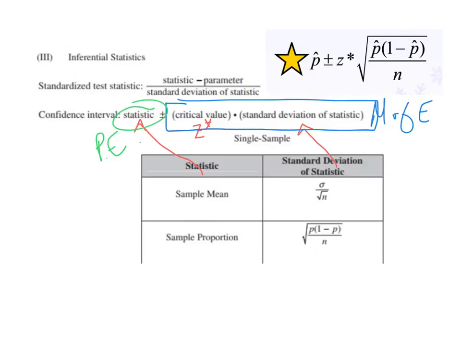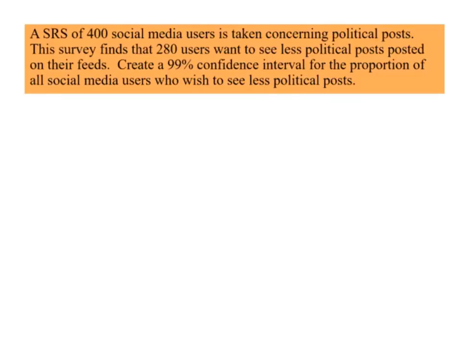All right, let's build an example. A simple random sample of 400 social media users is taken concerning political posts. The survey finds that 280 users want to see less political posts posted on their feeds. Create a 99% confidence interval for the proportion of all social media users. All right, so the first thing, remember, is state.